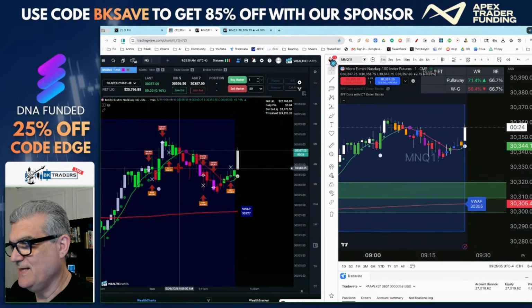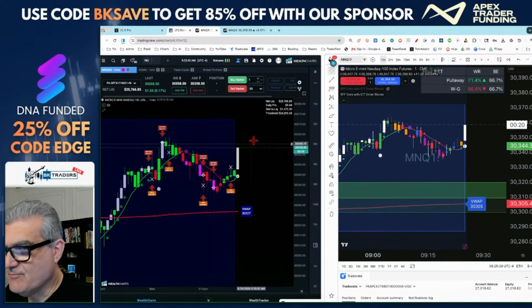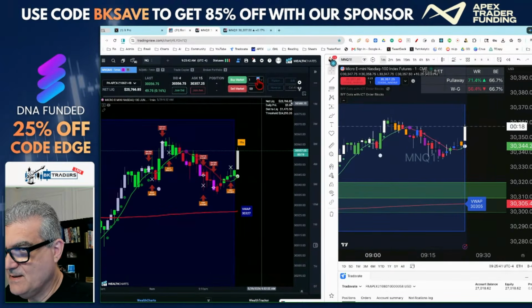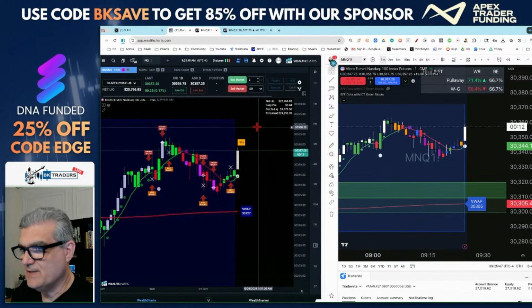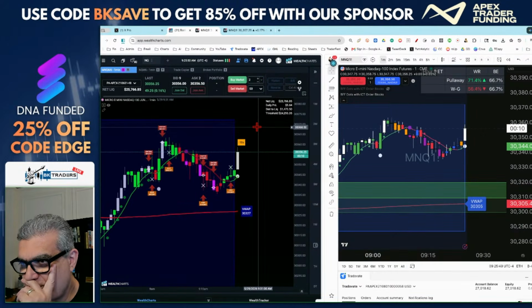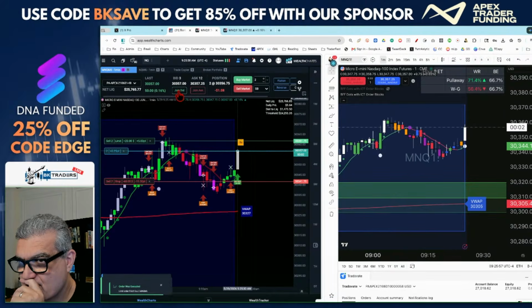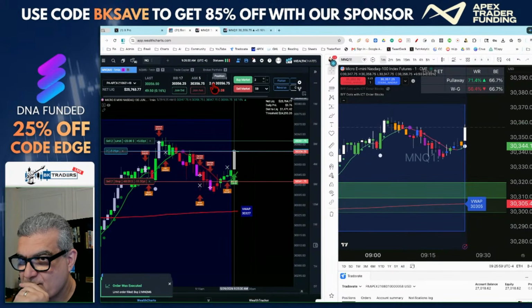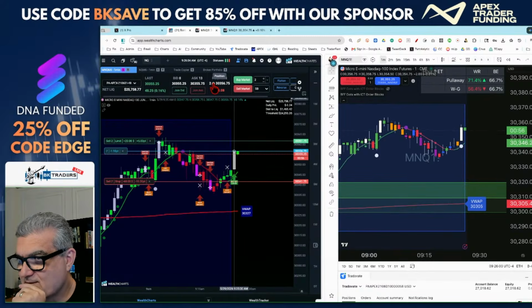I'm playing with the idea of like, do I want to take this? Because the pull away trade really has a lot of continuity built into it. Maybe I'll take a small bite. We'll see if it can give me a small bite out. See if it extends.